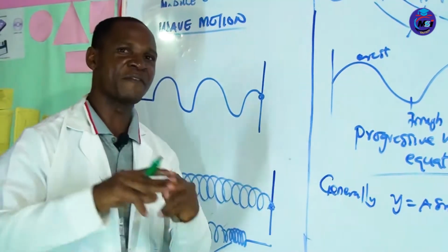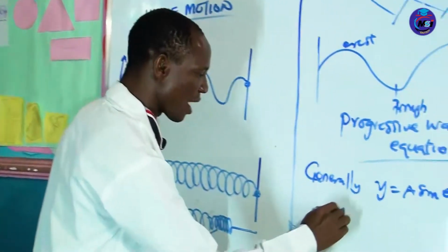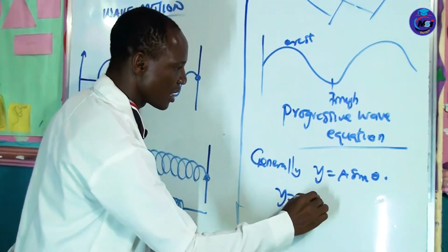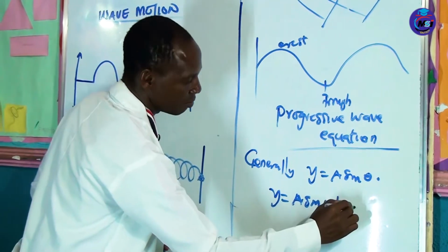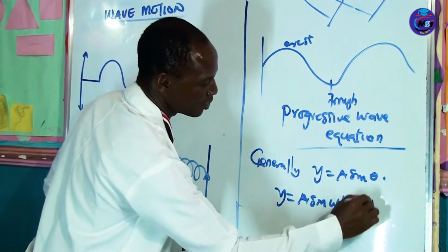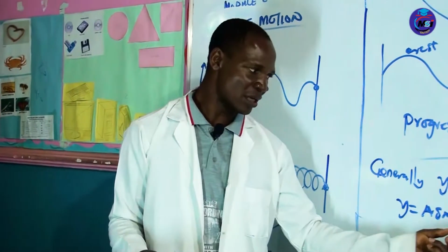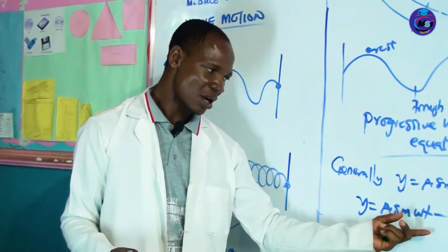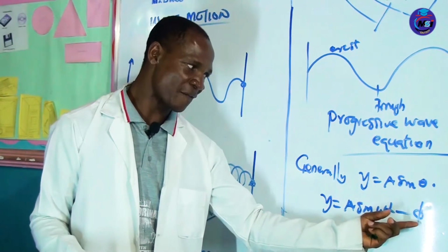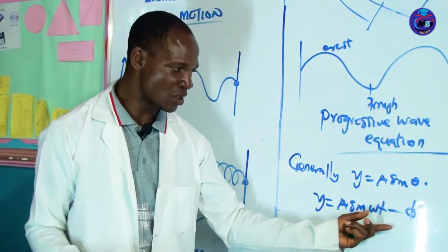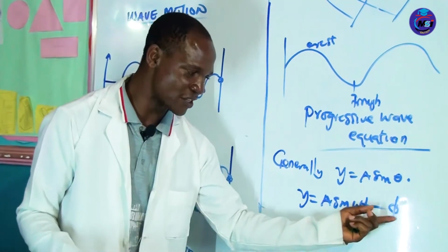Now, because of the phase difference, we have y equal to a sine of omega t minus phi, where phi is our phase angle and phase difference.